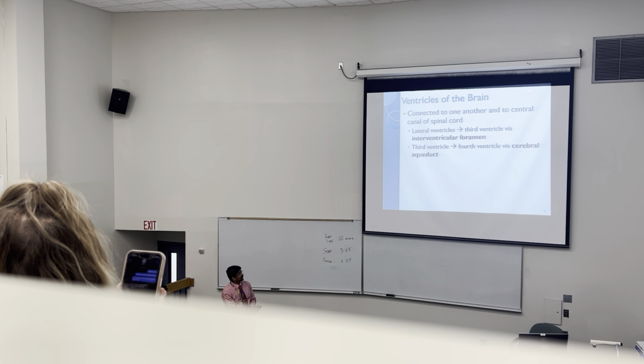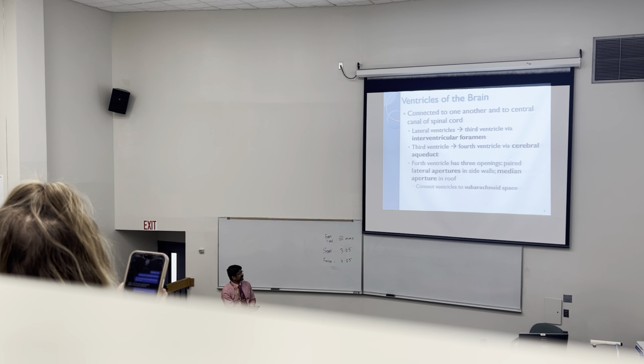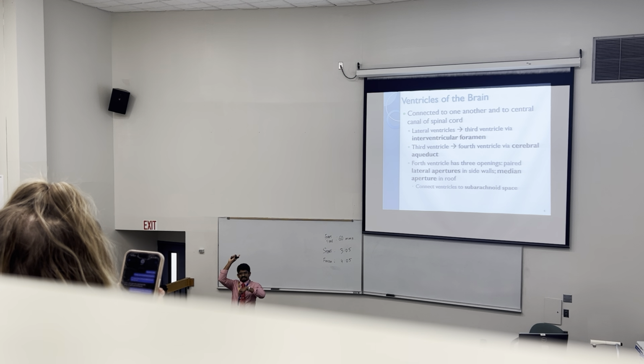From the fourth, it can go straight down the central canal, or go to the subarachnoid space. There are three openings from the fourth ventricle: two take the fluid to the lateral side, and one in the middle, which takes the fluid to the subarachnoid space, which surrounds the brain as well as the spine. Right? So remember where the subarachnoid space is located.